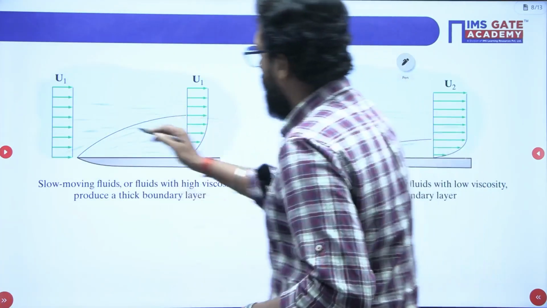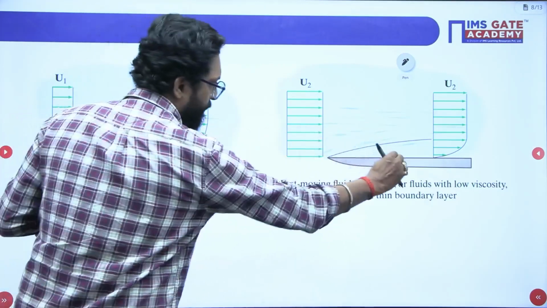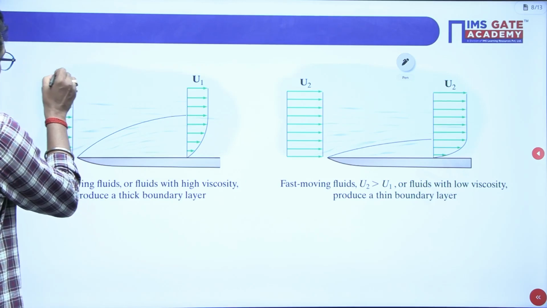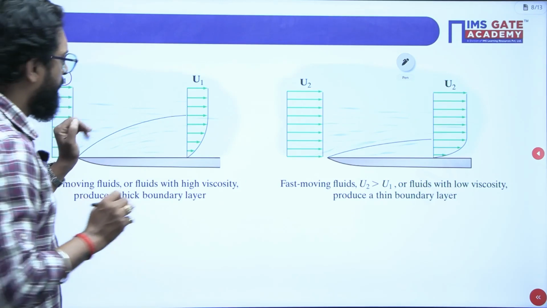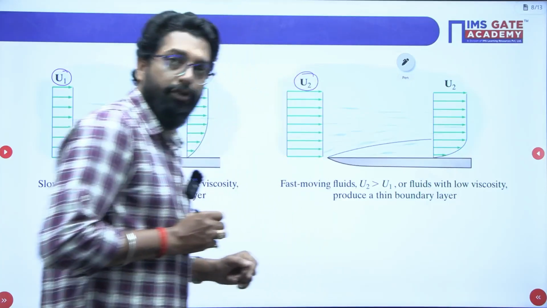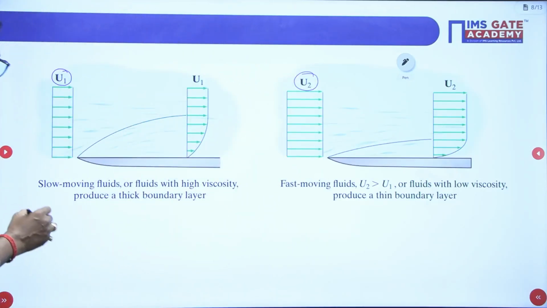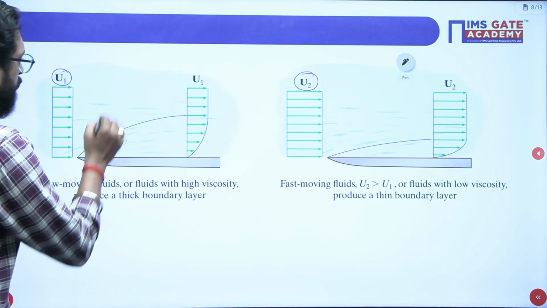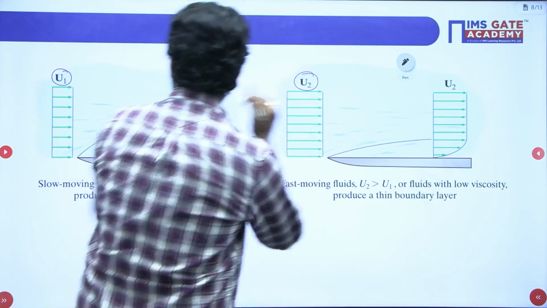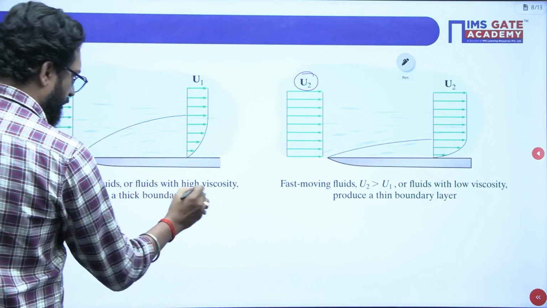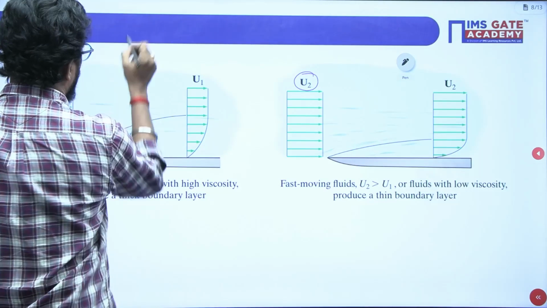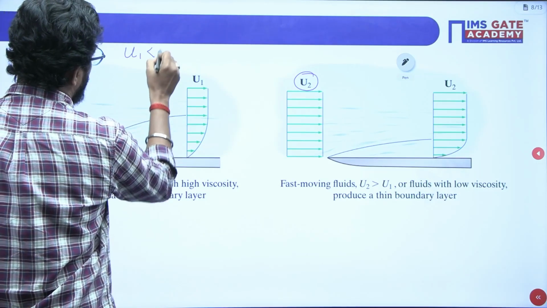Let's suppose the same plate is there. Now let's suppose there is a flow with free stream velocity u1 in case 1, and the velocity of the fluid is u2 in the other case. Obviously, u1 is less than u2.